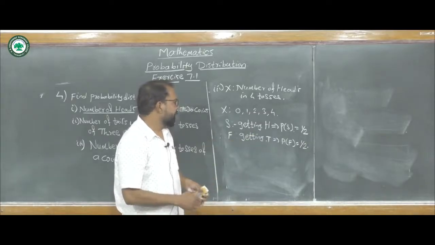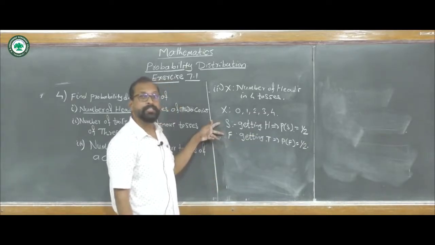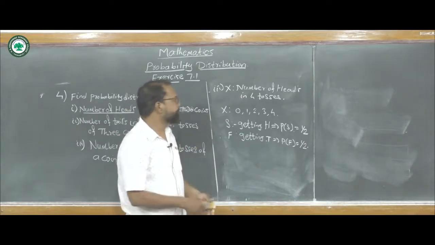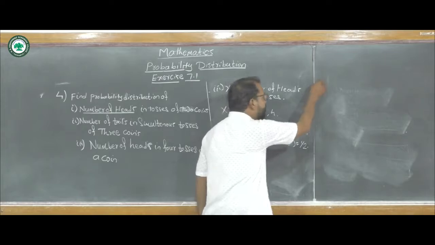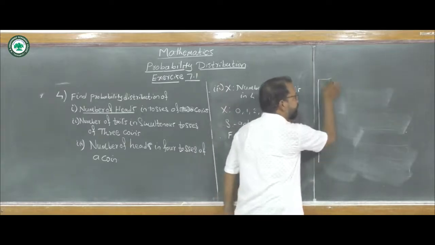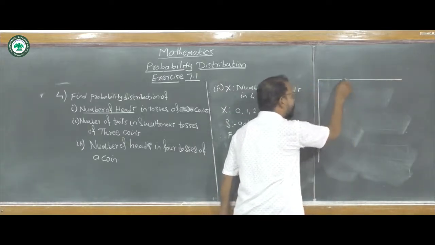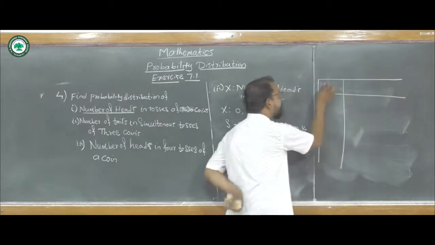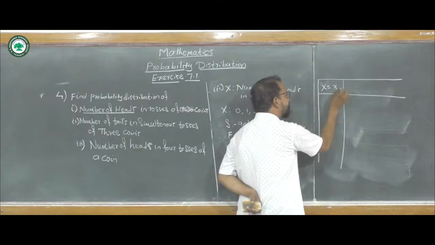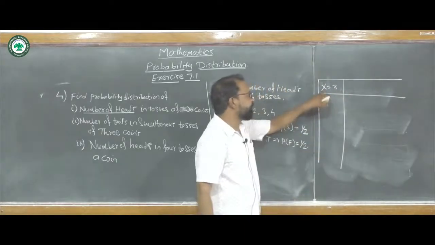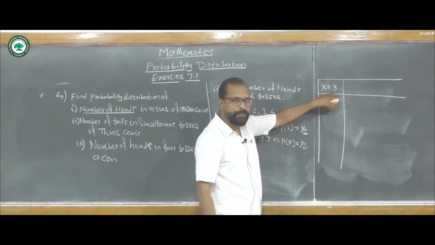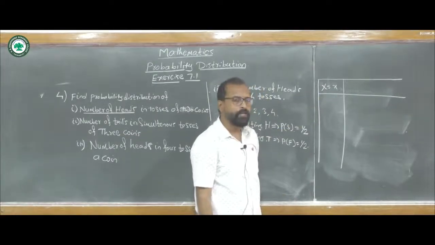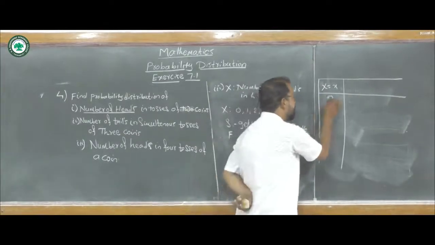Now if we understand these two things, then it is easy to write the probability distribution. To write a probability distribution, consider a table. In this table, we write x, that is the random variable X takes the value x.